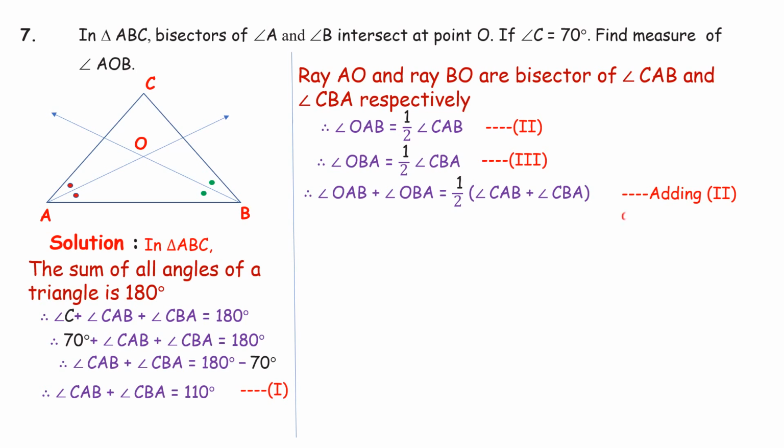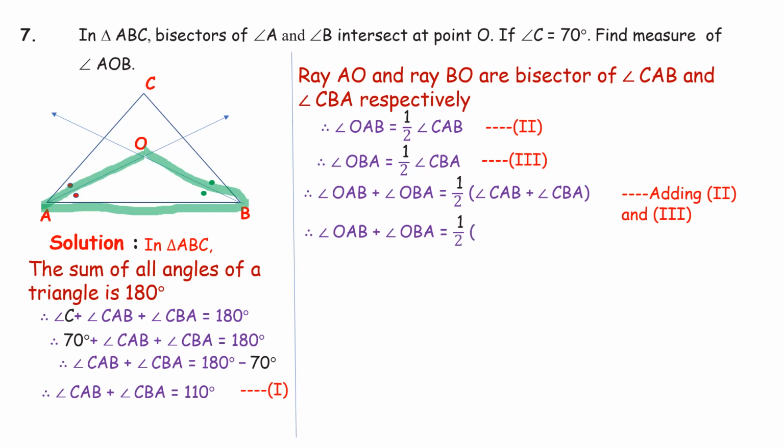Now observe, we take this triangle AOB. Write down, in triangle. This is statement number 4, and this value is substituted from statement number 1. In triangle AOB, the sum of all angles of a triangle is equal to 180 degrees.